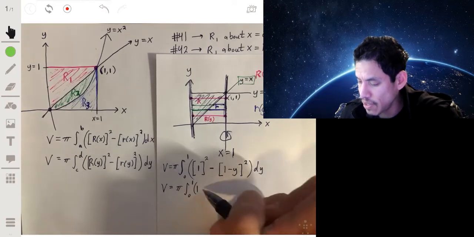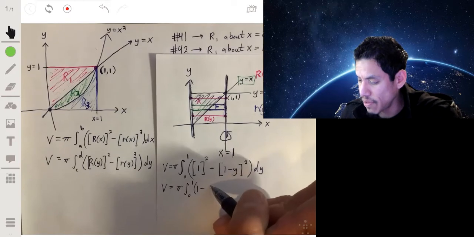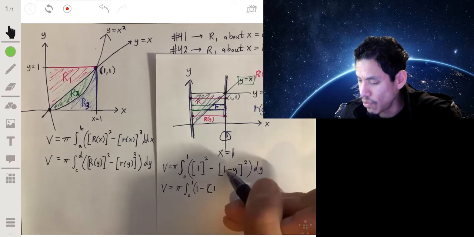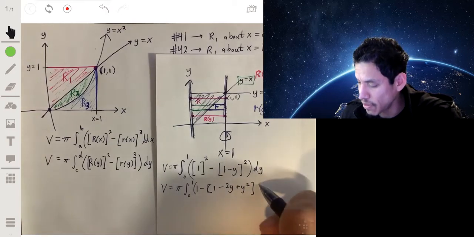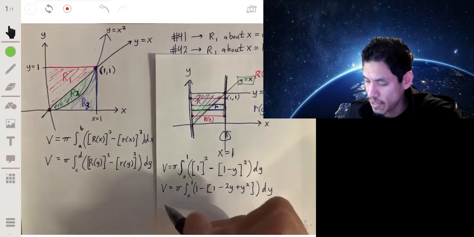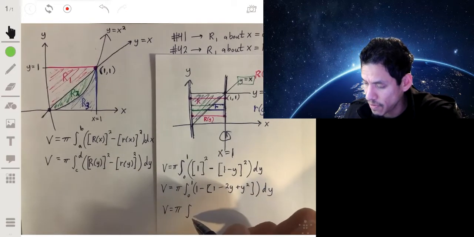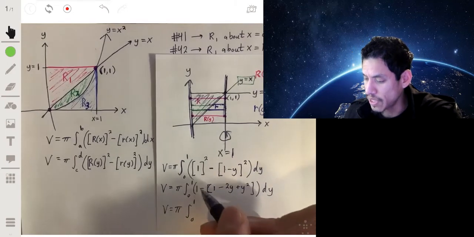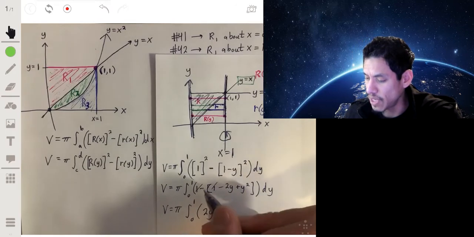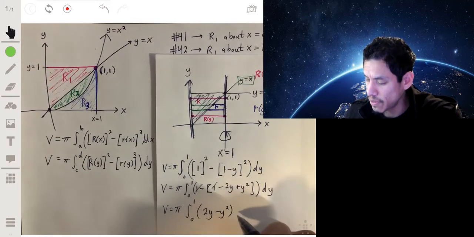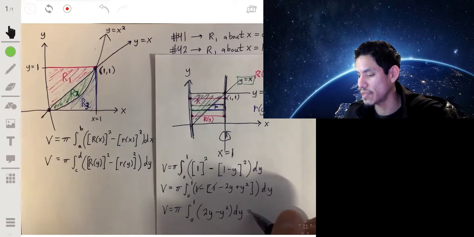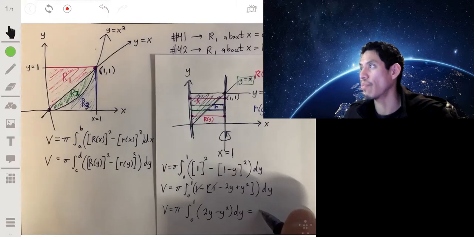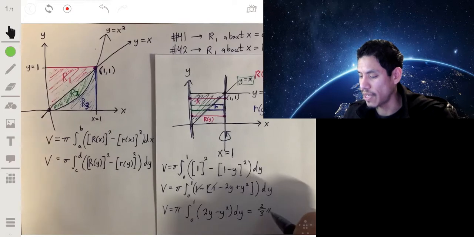We'll get 1 minus 1 minus 2y plus y squared, dy. Those ones will cancel. Minus a negative 2y, so it'll be positive 2y minus y squared dy. And if you were to integrate this properly, you would end up with 2/3 pi as your final answer.